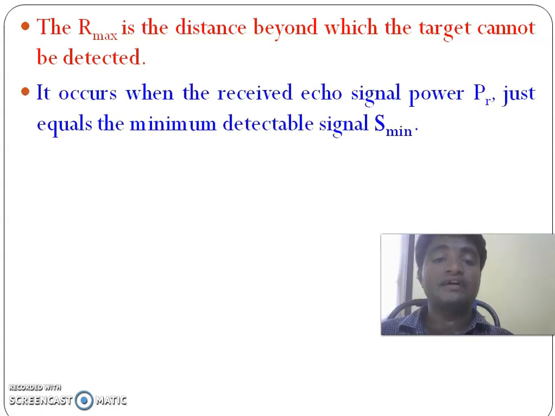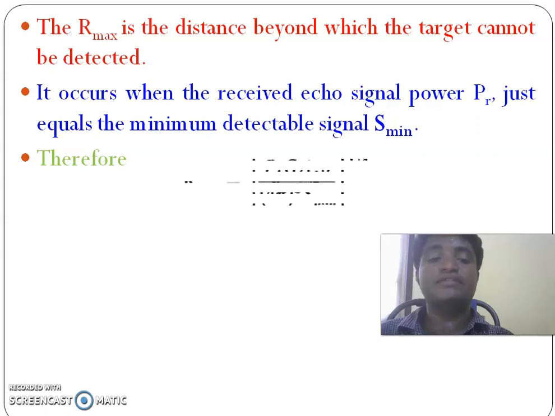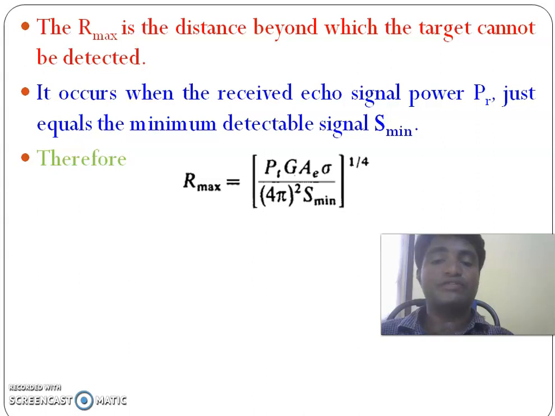This Rmax occurs when received power is just equal to the minimum detectable signal. When PR equal to S minimum, we can get the Rmax. So we substitute PR equal to S minimum, and Rmax equal to PTG sigma AE by 4 pi whole square S minimum, whole power 1 by 4. This is the basic radar equation.